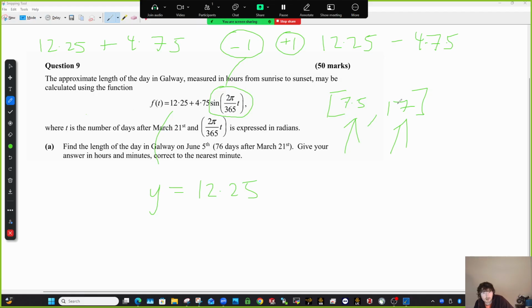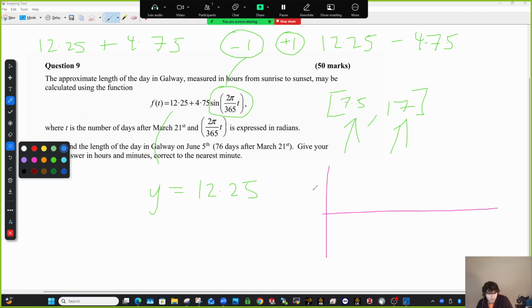So I've done the midway line. I've done the range. And if you're asked what the amplitude is, it's just the 4.75 number. And then you could be asked to draw a graph of this. So let's draw a graph of this. And I think that's everything. You draw a midway line here. Midway line is 12.25. It goes up to 17.